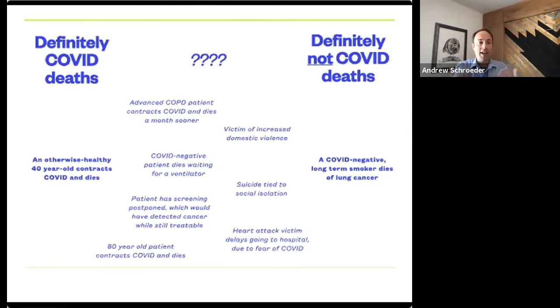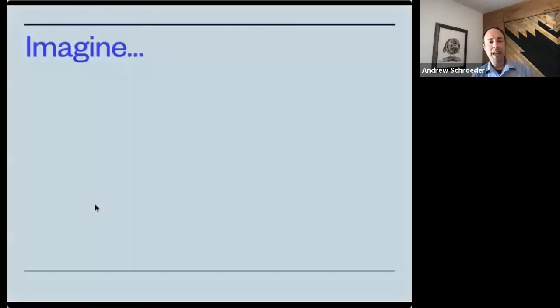But explaining or diagnosing the disagreement doesn't actually tell us who is right. It doesn't tell us what we should think about those deaths that are in the middle. Are they COVID deaths or are they not COVID deaths? So to begin stepping towards answering that question, let me ask you to think about an entirely different situation that has nothing to do with COVID that's going to show us something about causation.